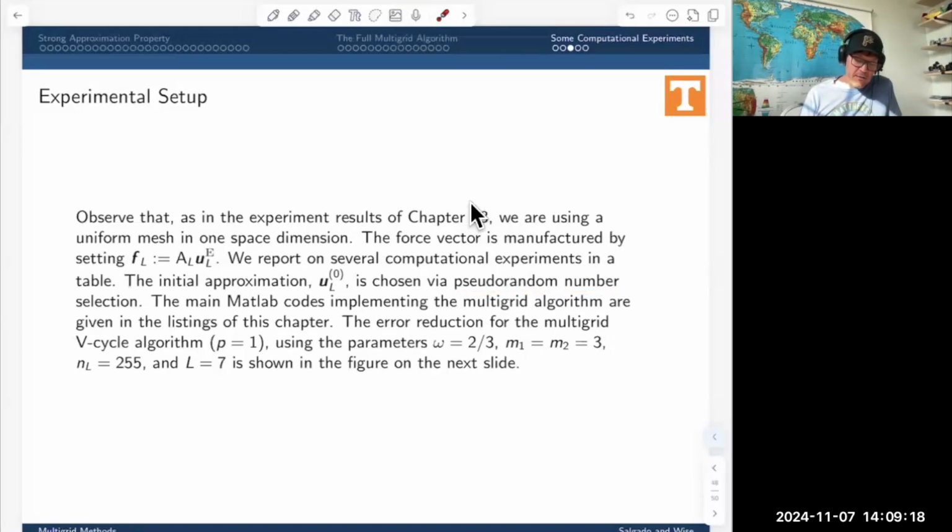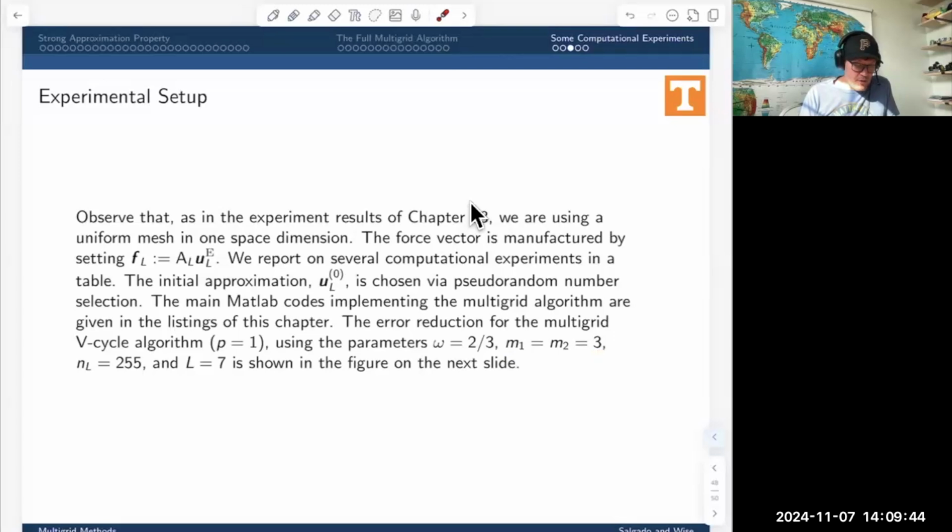On the next slide, I'm going to show you the results of doing our multigrid V-cycle algorithm with p equals 1. So V cycle, not a W cycle. W cycle would be p equals 2. And using the smoothing parameter 2/3, and using a balanced or symmetrized smoother where we do 3 post-smoothing and 3 pre-smoothing steps, m1 equals m2 equals 3.